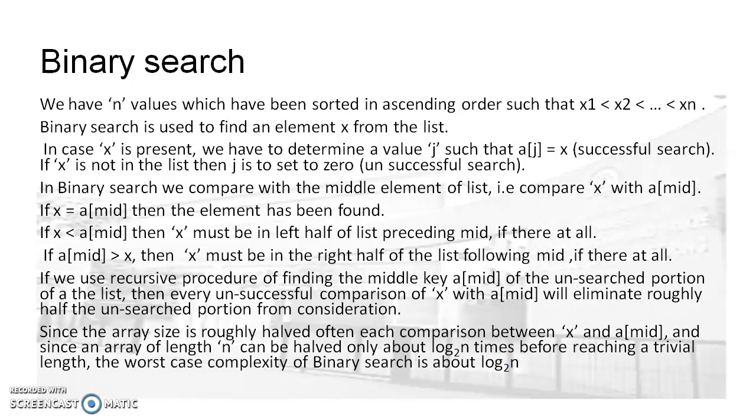Then if our array size is roughly halved in every comparison, this can be done in log n to the base 2 times. Hence, the worst case complexity of binary search is about log n to the base 2.